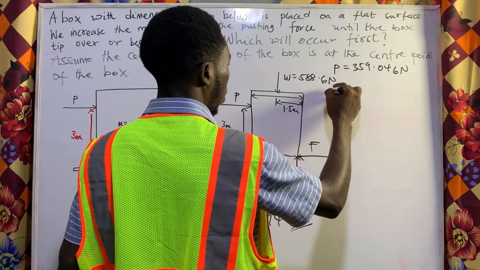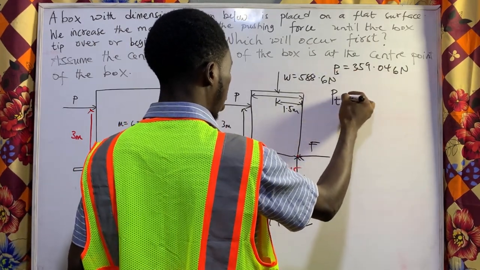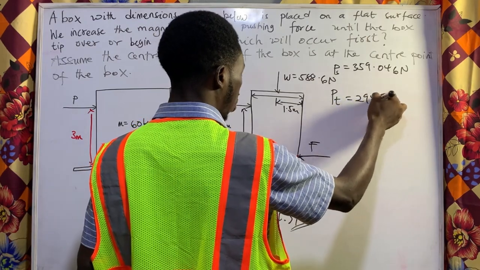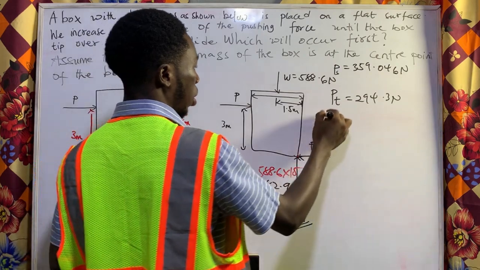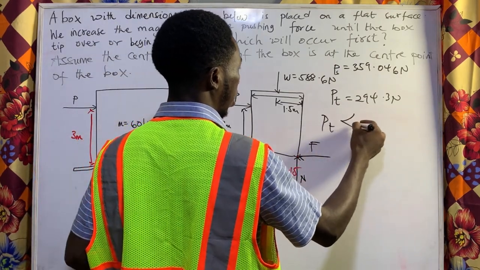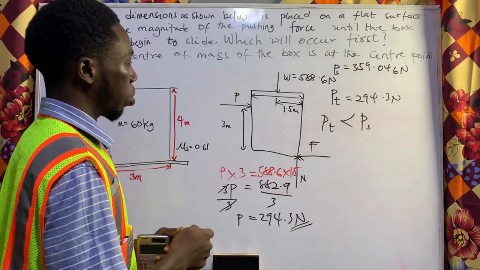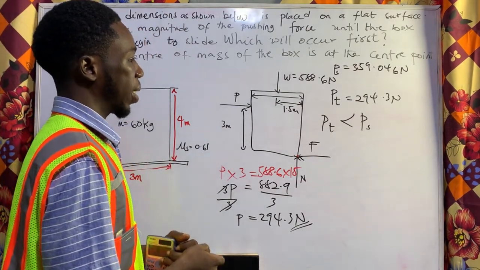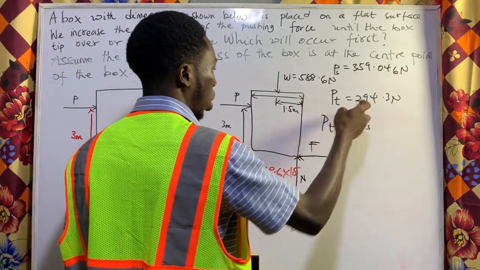So you have P, let's name it P tip, and then P sliding. P tip is equal to 294.3 newtons. You can see that P tip is less than P sliding, which means that the force required for tipping to occur is less than the force required for sliding to occur.